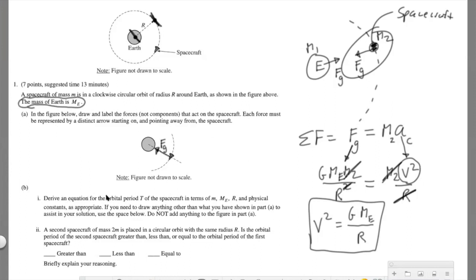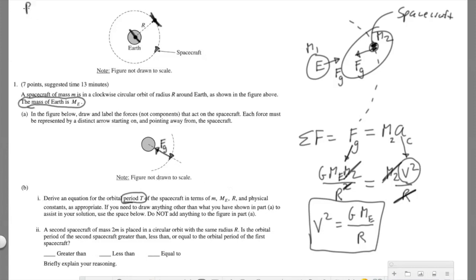Part B, derive an equation for the orbital period of the spacecraft. Okay, so let's just talk about period. Period is the time for one cycle. There are different things in physics. In fact, the third problem we're going to look at today, which is number 5 on this same year, there are different problems that involve period.